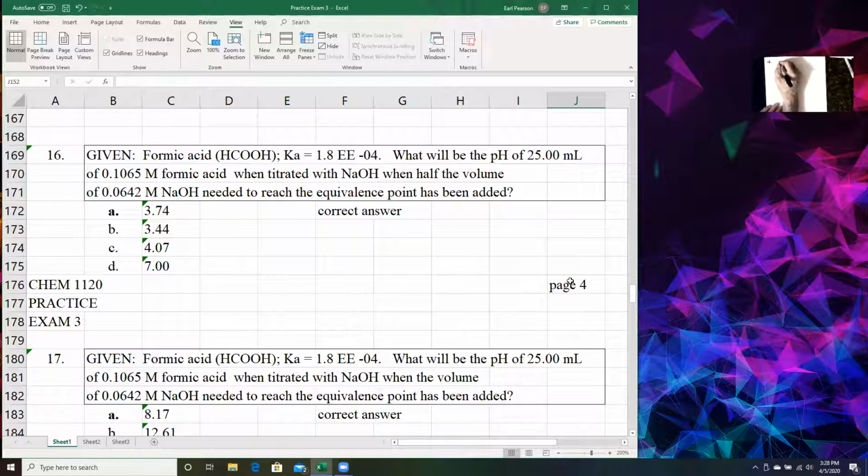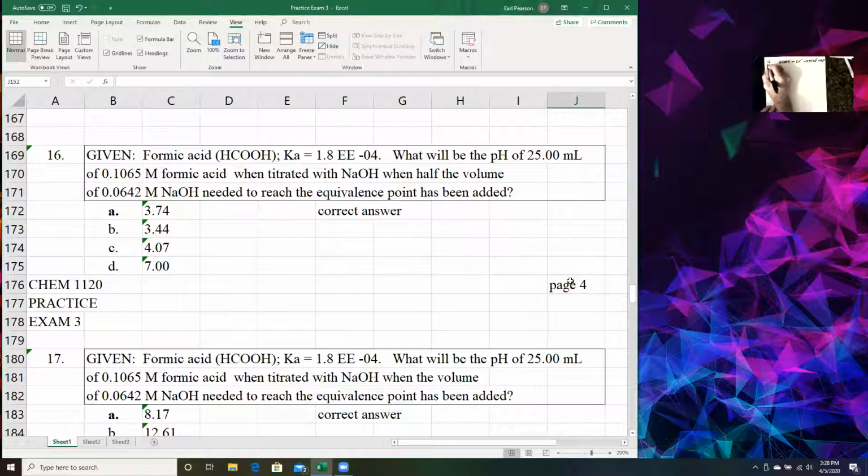So again, we're going to have HCOOH. It's going to react with OH minus. And we're going to wind up with HCOO minus and water.